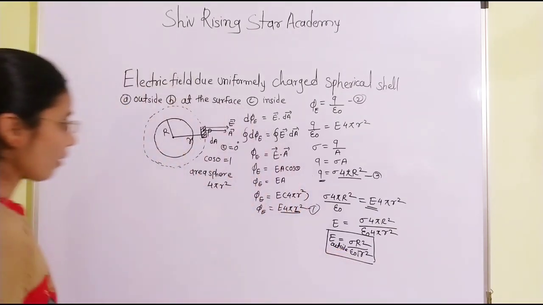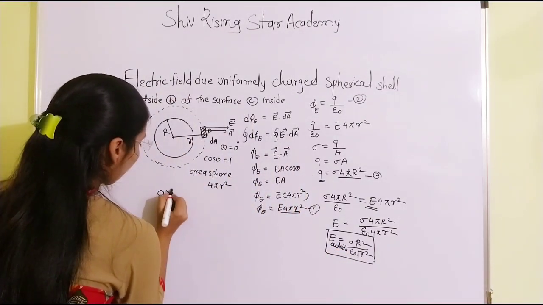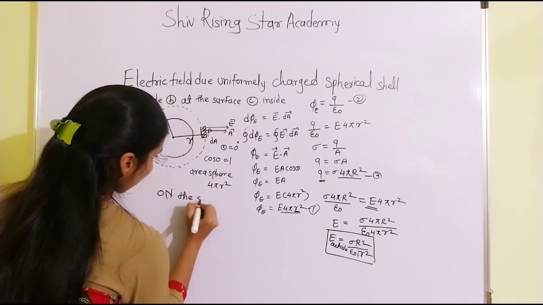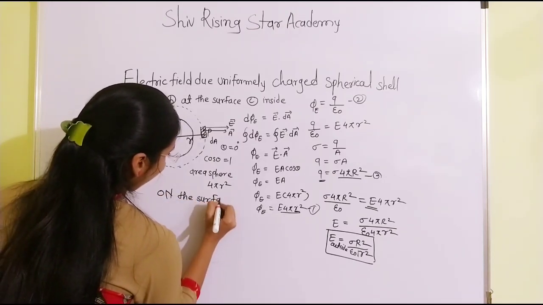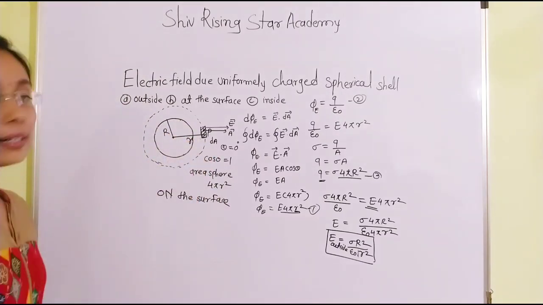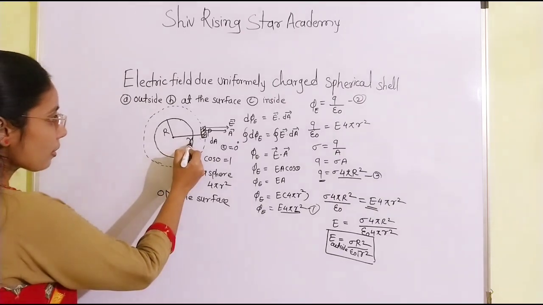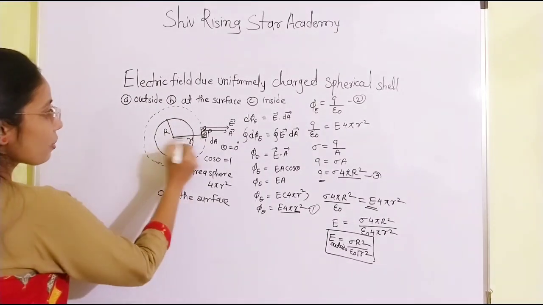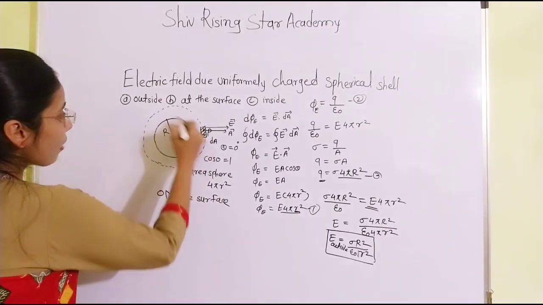And on the surface, suppose on this surface, the small r becomes capital R, because the radius changes on the surface.